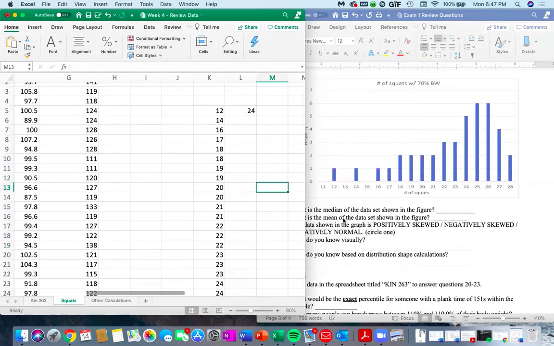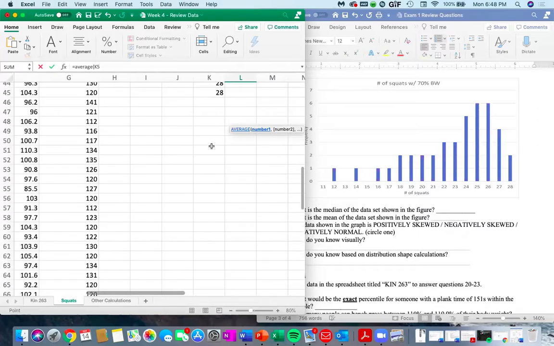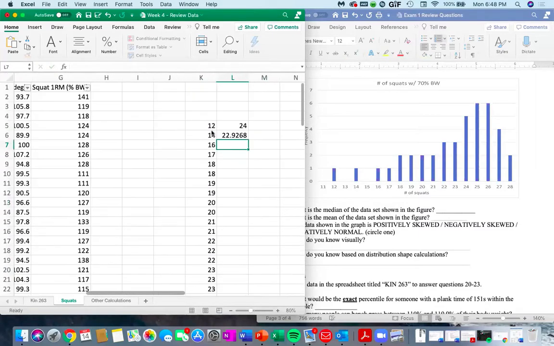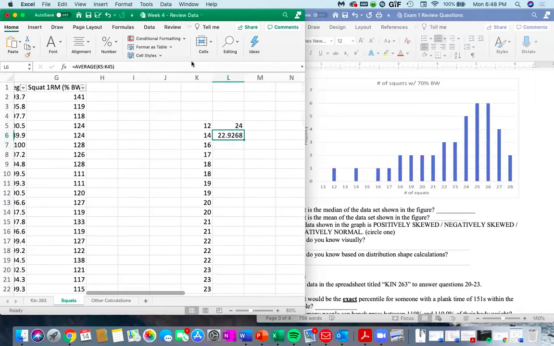How would we find the mean of the data shown? Equal average and then use all that data set. Yep, so we could do equals average, and then we can calculate the mean through there, right? Usually on the exam, I'll tell you to give me the second decimal place or the third or something.